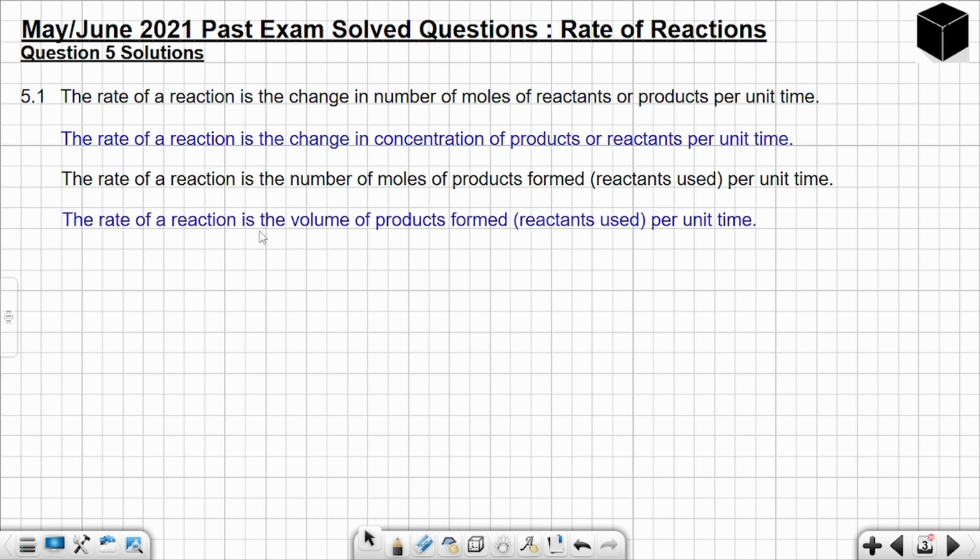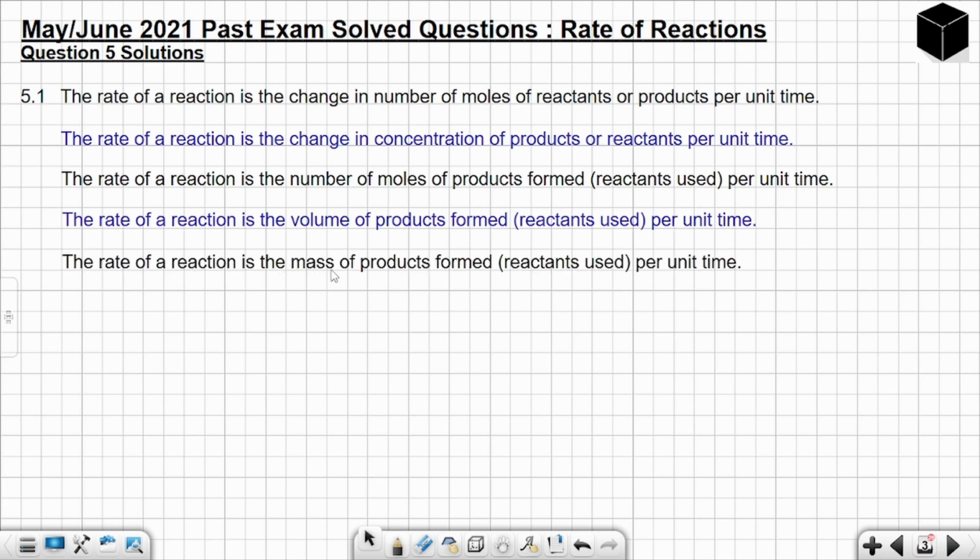The rate of reaction is also the volume of product formed or the volume of reactant used per unit time. And a 5th: the rate of reaction is the mass of product formed or the mass of reactant used per unit time. Okay, so you don't have to give all these 5 definitions. Just choose one definition that works with you.